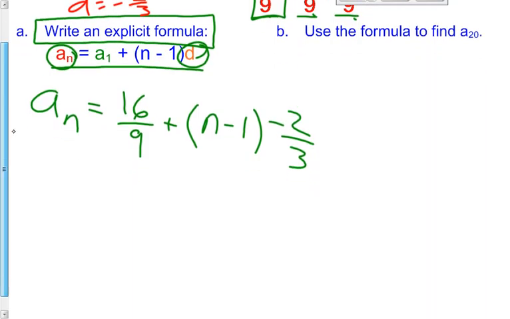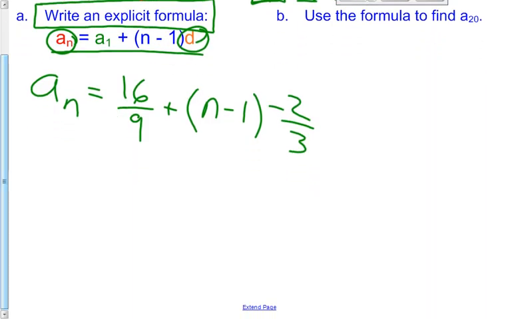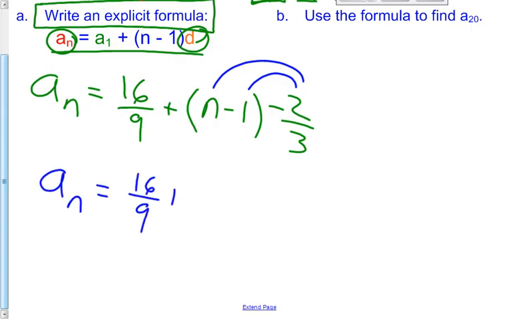Now let's clean this up a little bit because we can combine like terms. First, let's use the distributive property. So we're still going to have a sub n equals 16/9 plus negative 2/3 n plus 2/3.